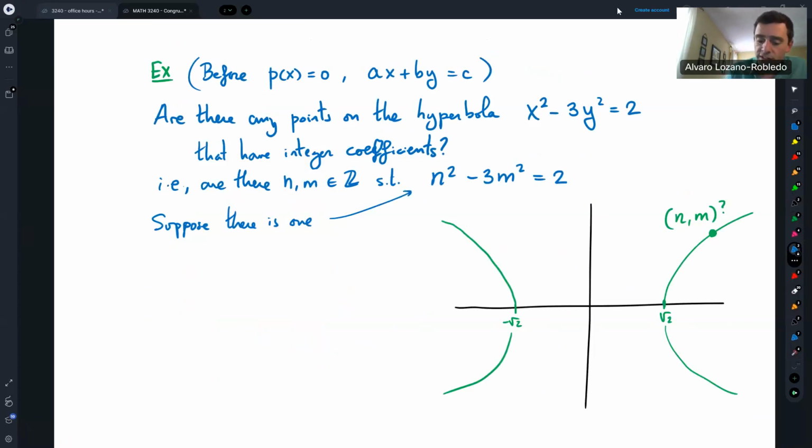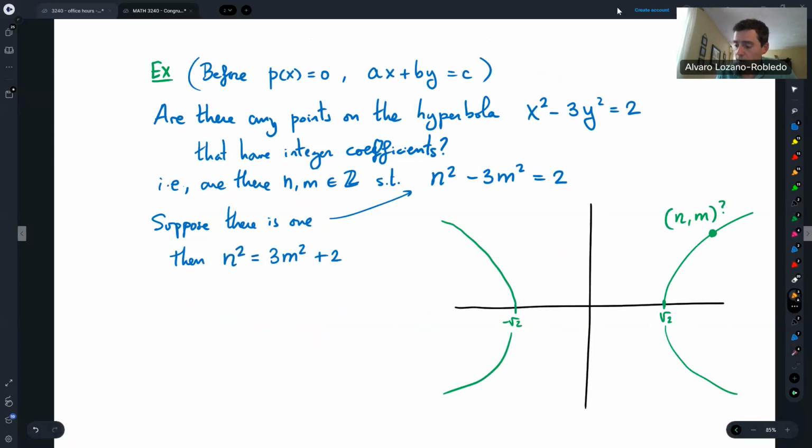Then what this says is that n squared is 2 plus, let me write it actually as 3m squared plus 2. And you see, if I now look at the remainder of n squared when divided by 3, that number is a multiple of 3 plus 2.